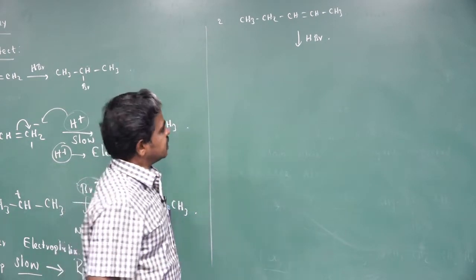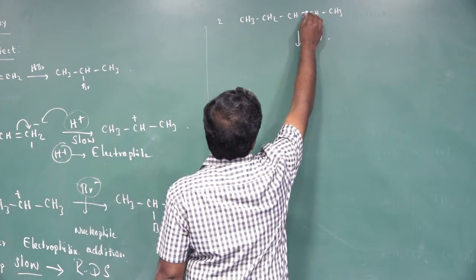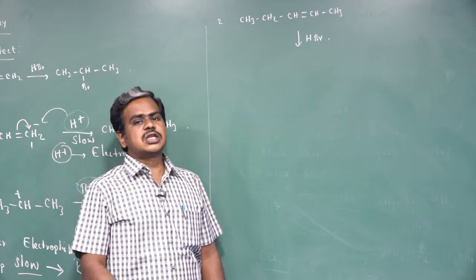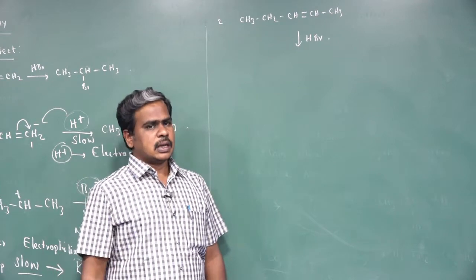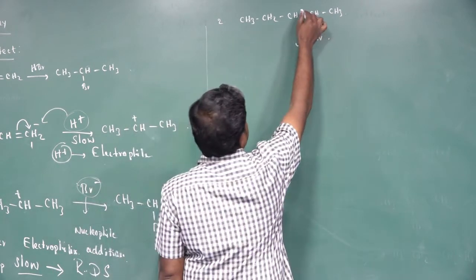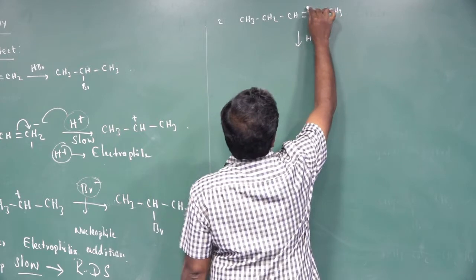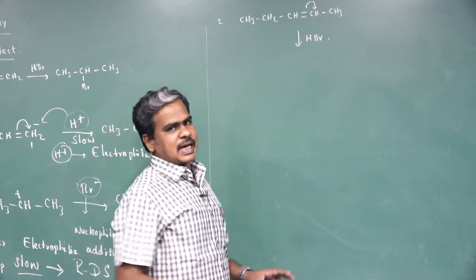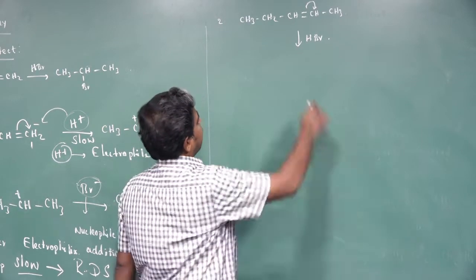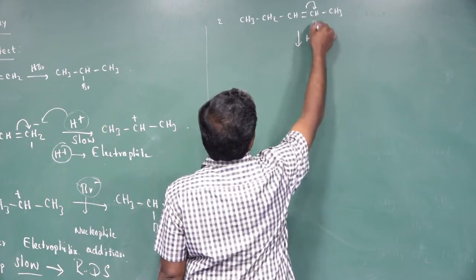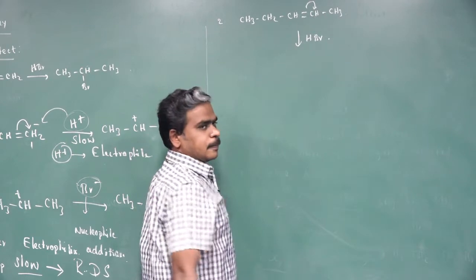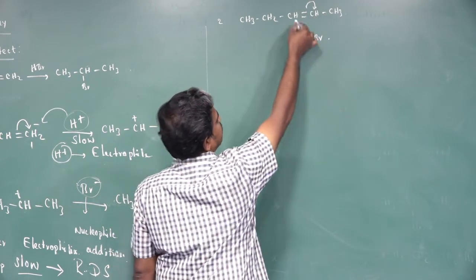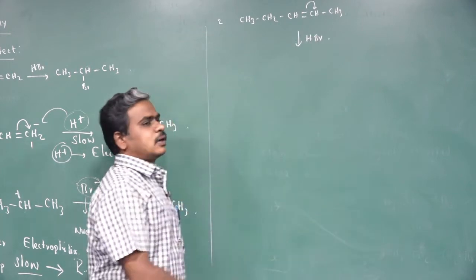And I have always said that in an alkene, electrophilic addition occurs, that is, positive electromeric effect. Then there are two possibilities. The electron will move either here or here. If the electron moves here, then hydrogen is going to attach here. And if the electron is moving in the opposite direction, hydrogen is attached to the third carbon.